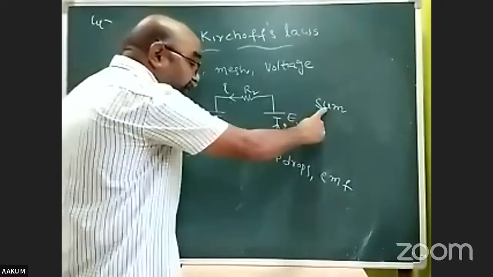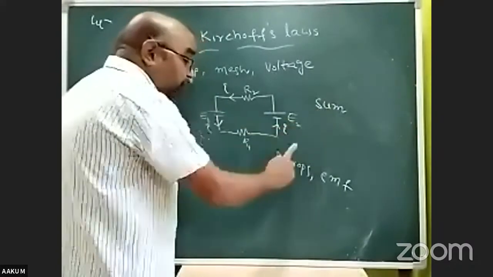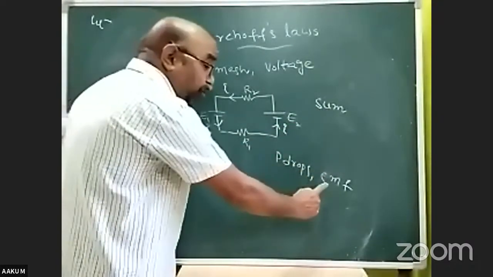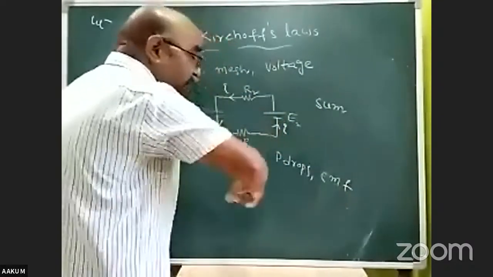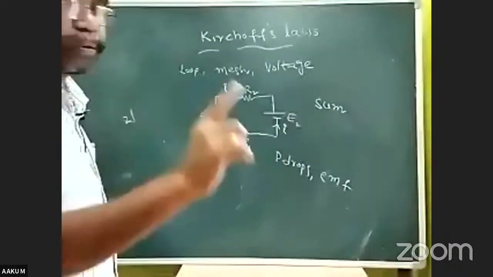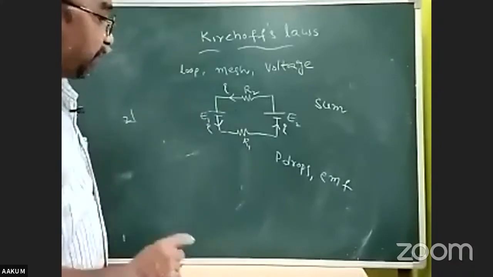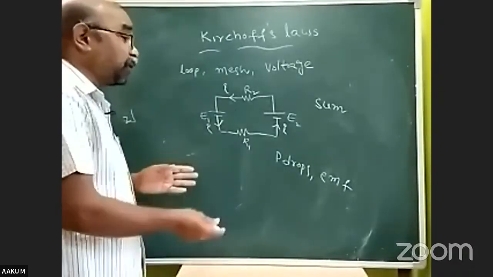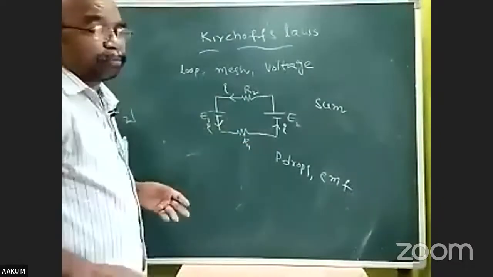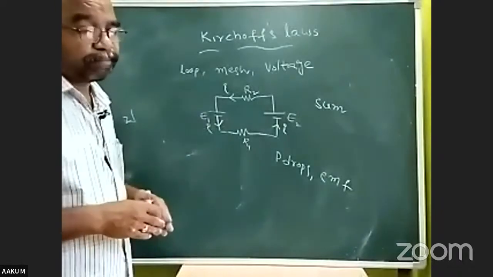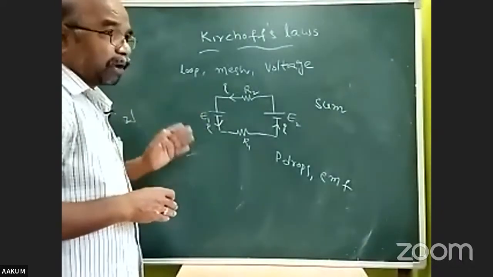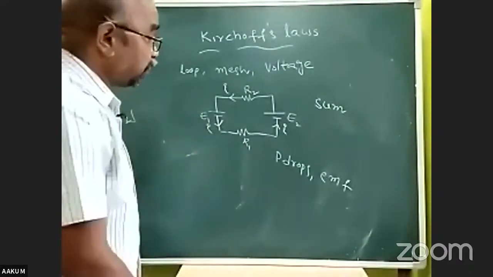The algebraic sum of potential drops and electromotive forces in a given closed loop is 0. That is the second law. Then how to put this statement into mathematical form? We are going to concentrate upon it.